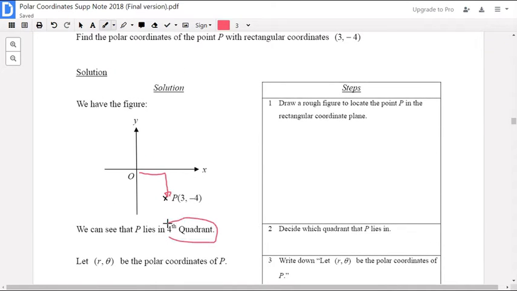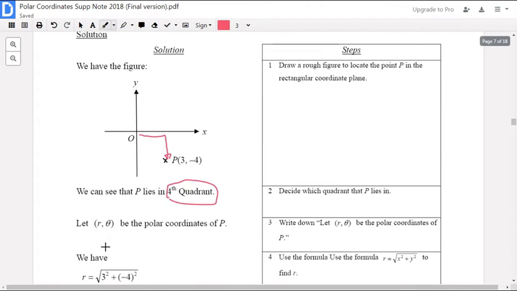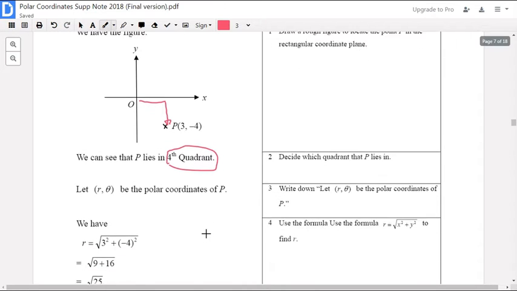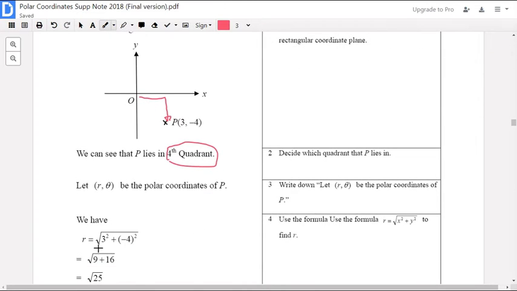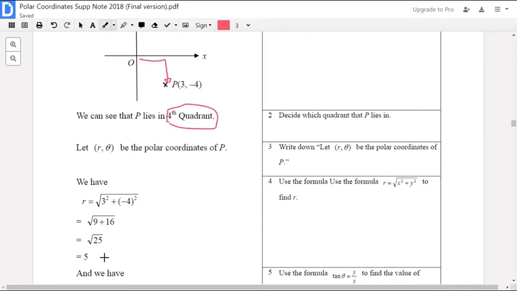Bear in mind, fourth quadrant. We let (r, theta) be the polar coordinates of P. Then, r is given by the square root of 3 squared plus (-4) squared. Simplifying, you have 5. We know that r is 5.